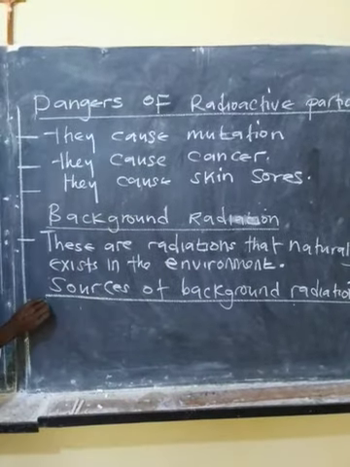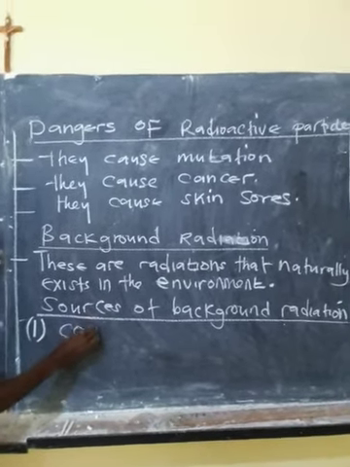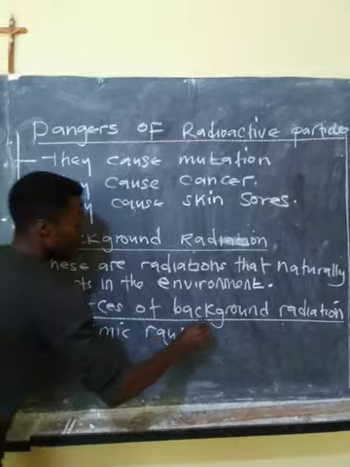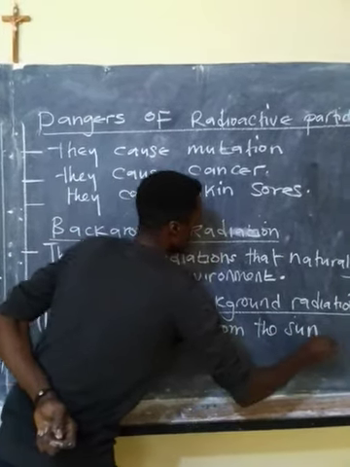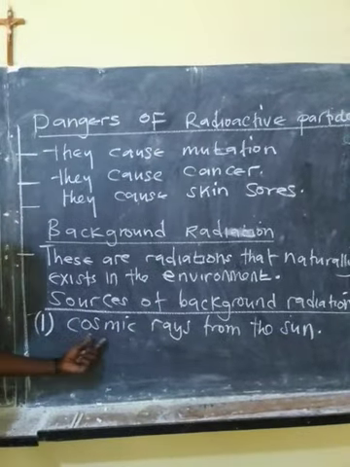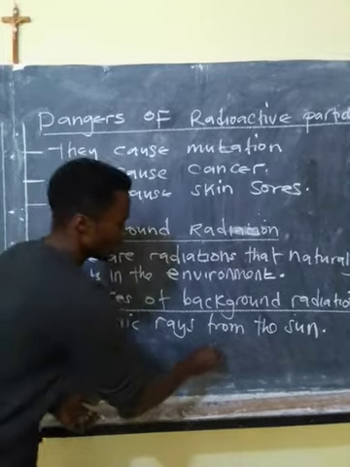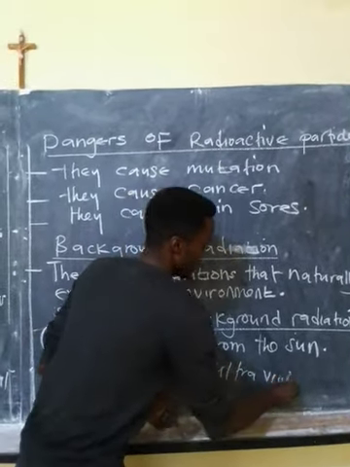So one, we can say that from the cosmic rays from the sun. We understand that the rays that come from the sun are called the ultraviolet rays.